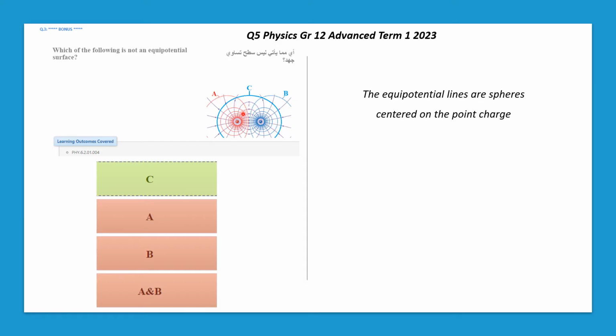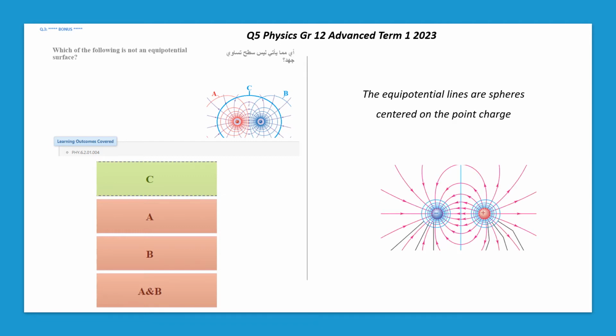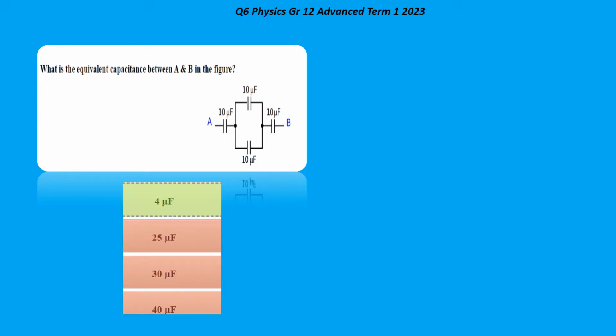So the red lines here, the equipotential lines, are centered on the red charge, if you see. What about the blue one? It's centered on another charge, but see, there is no charge at the center of that circle. So C is the answer in this case, because it's not an equipotential surface, but A and B are equipotential surfaces. So we continue with question 6.